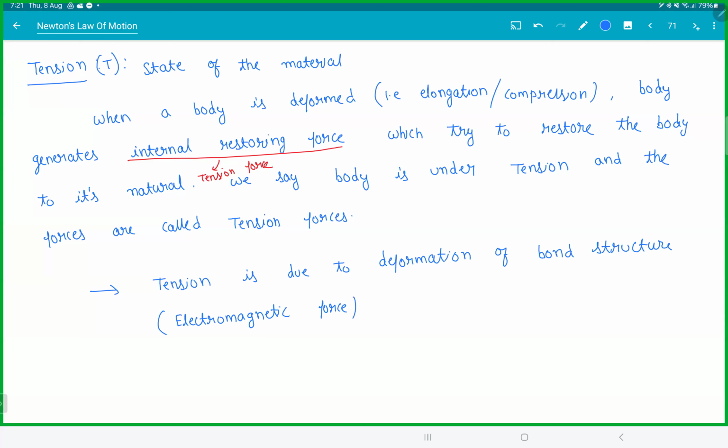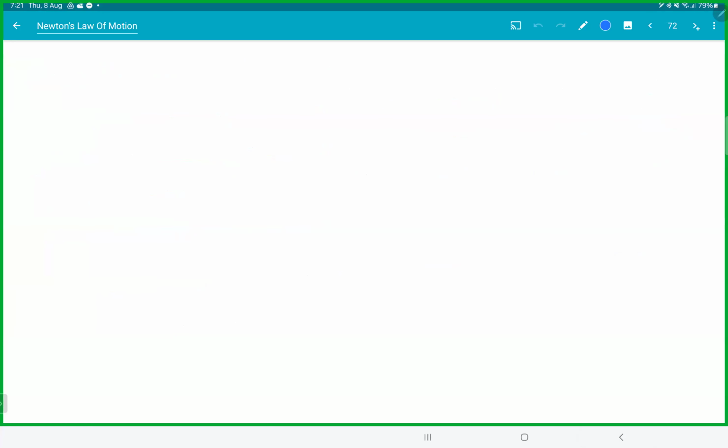Any doubts on this page? Now, when you talk about tension, generally we talk about rods and strings. A rod can pull and push.